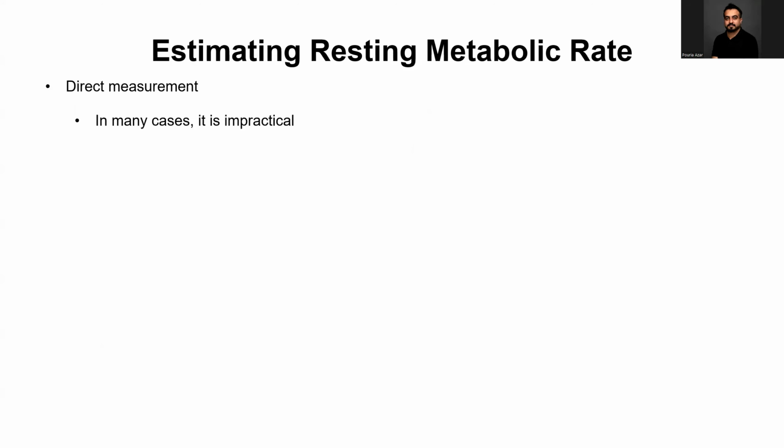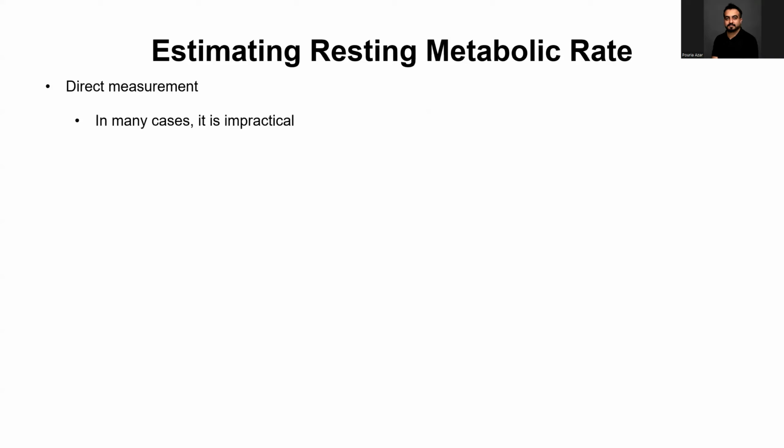We can estimate the resting metabolic rate, as we can estimate the energy intake by using a food diary. We can do also some estimation on resting metabolic rate. We have direct measurement, and this is what we see in the room calorie meter.